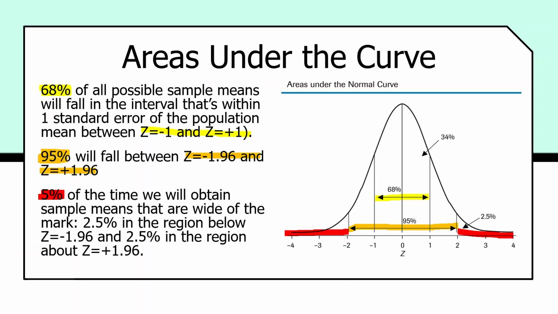There's nothing, no systematic processes doing this. Chance will produce these flukes. 2.5% of the region below z of -1.96, and 2.5% in the region, I should say, above a z of +1.96.